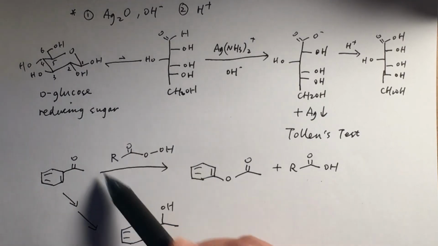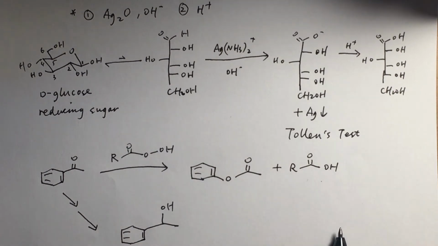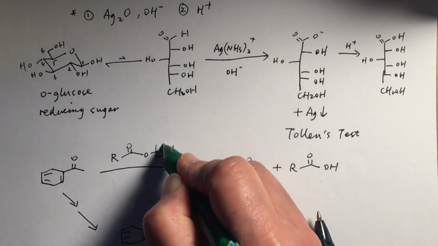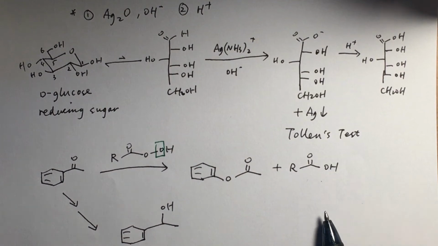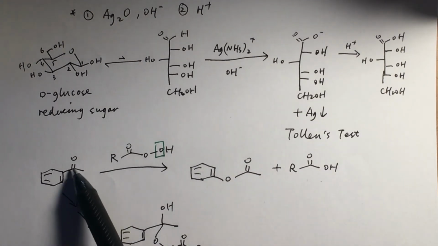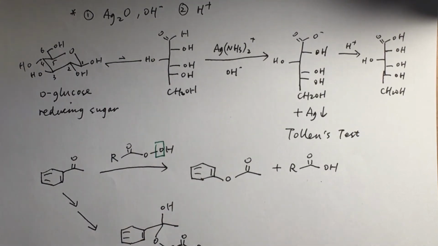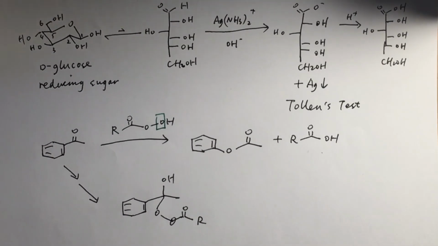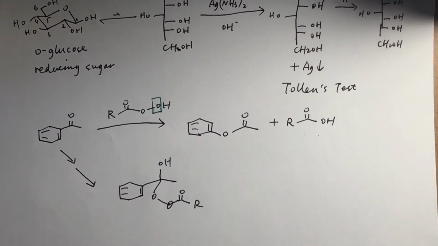The peroxy acid with an oxygen over here acts as a nucleophile attacking the electrophilic carbon, and eventually you generate this tetrahedral intermediate. We're talking about this particular carbon converting from sp2 to sp3.